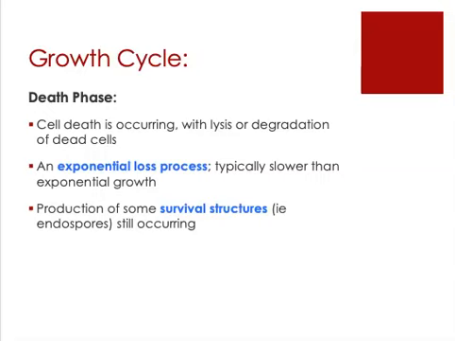And what typically happens is those cells, as they die, they're being lysed or degraded. So again, the number of cells in the culture is going to go down as these dead cells fall apart, basically. This is actually also an exponential process. It's an exponential loss here instead of an exponential gain.